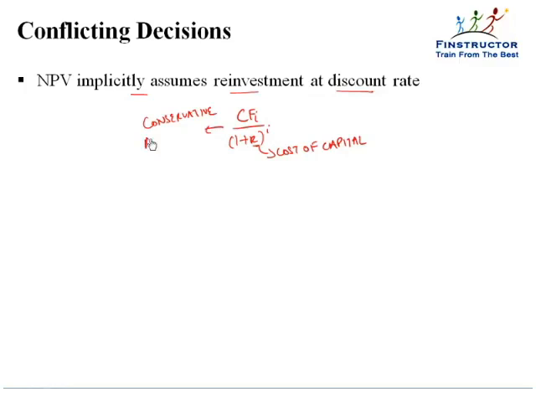We call it conservative because even in the worst case, even if there were no reinvestment opportunities available, the firm still could have earned the cost of capital on its cash flows. So even if you had nowhere to reinvest, let's say even government bonds you couldn't invest in, no other project you could invest in, you could still earn the rate K. How? Just use the cash flow to repay your debt and equity.